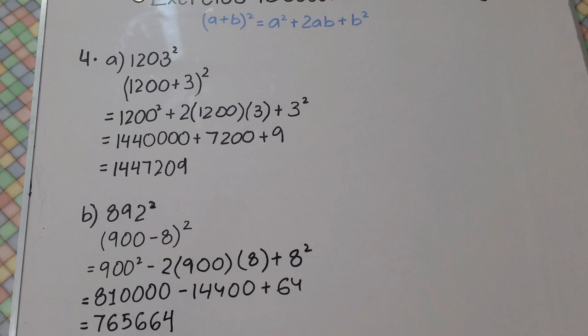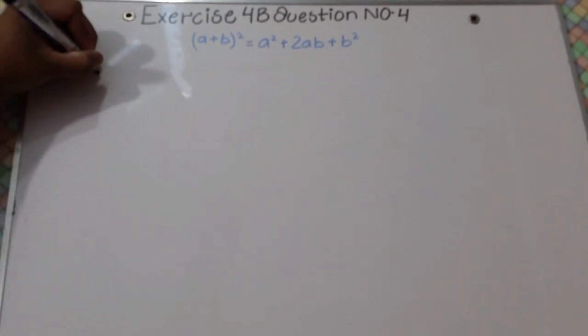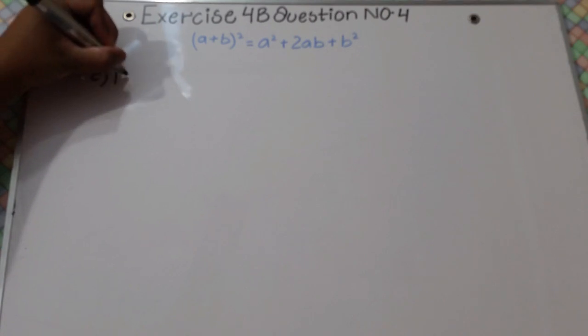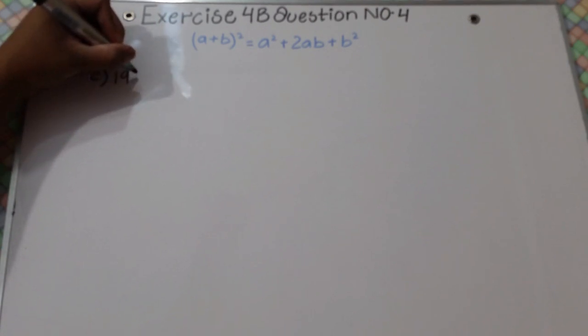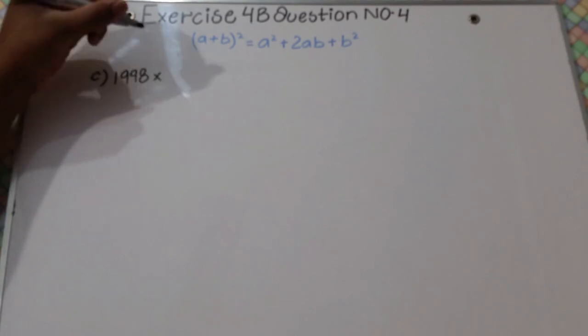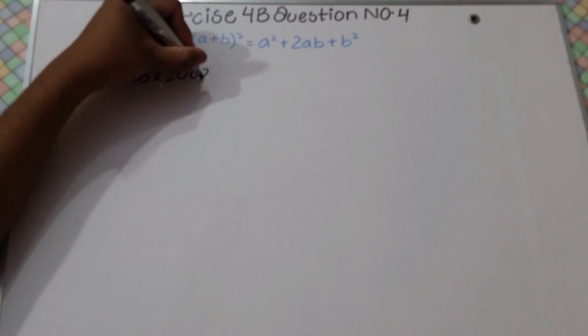Now let's move towards the last part, which is part C. In this part we need to use a different identity, because the question says 998 into 2002.